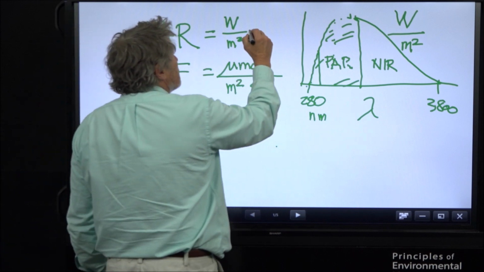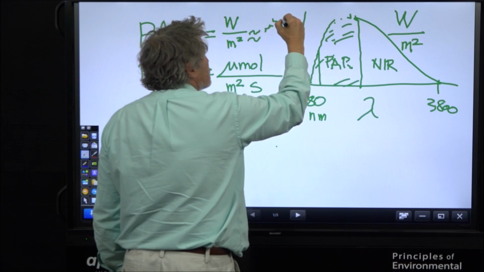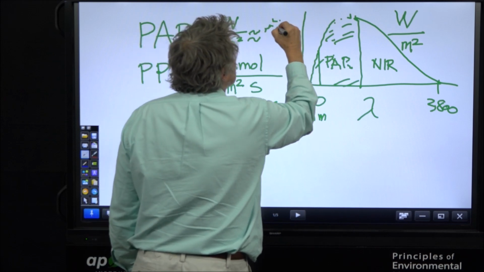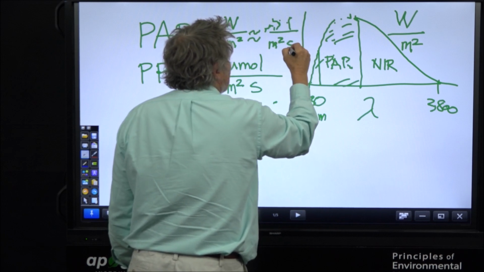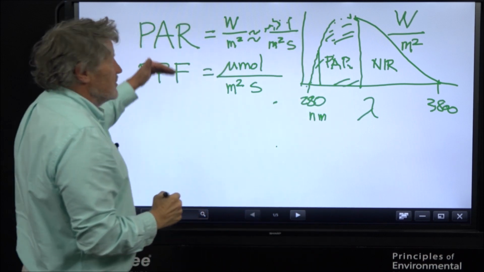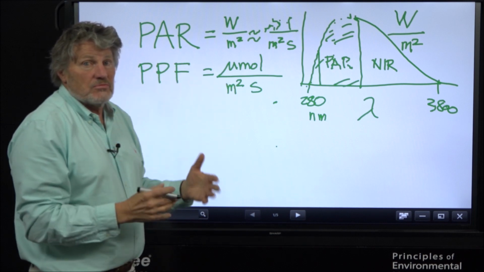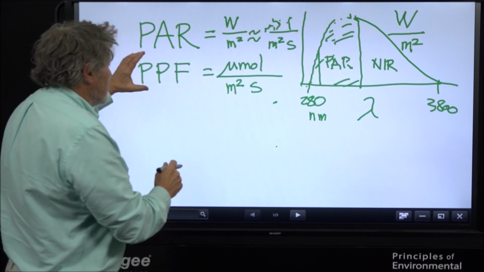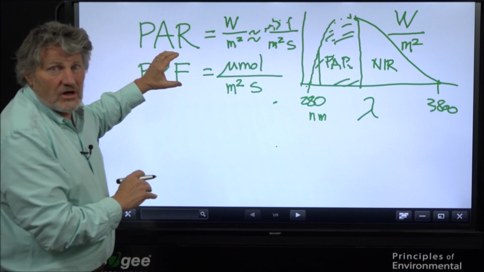People kept using PAR to mean micromoles per meter squared per second. So it got confusing. These terms were used interchangeably, and they are used interchangeably to this day, but we try to use a more rigorous term for just the photon flux.